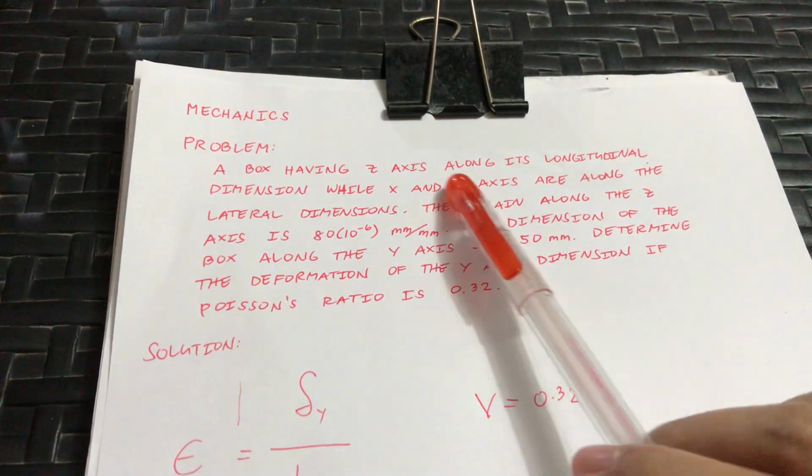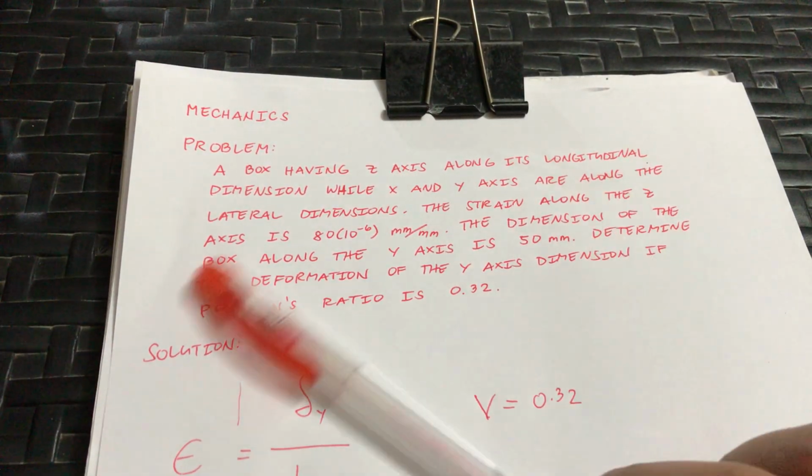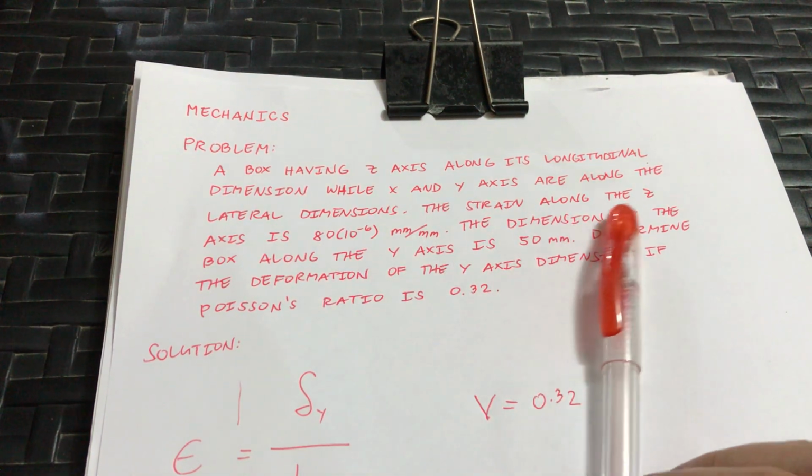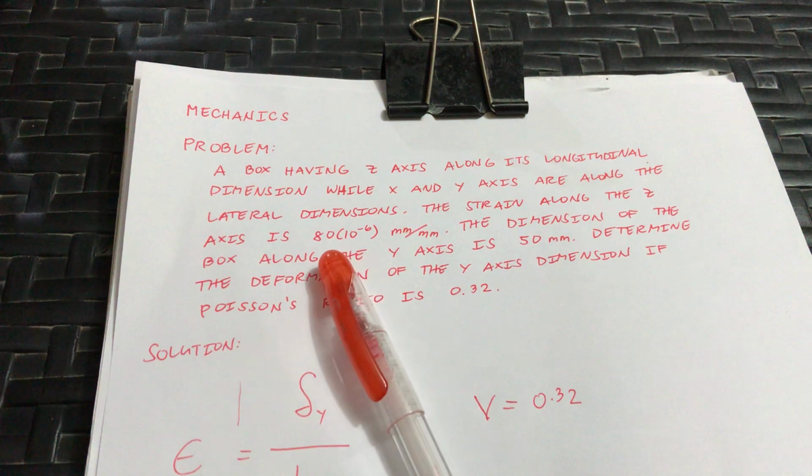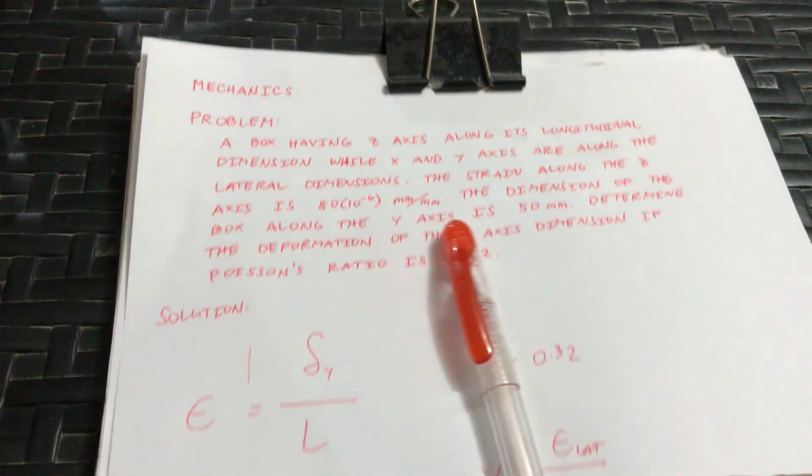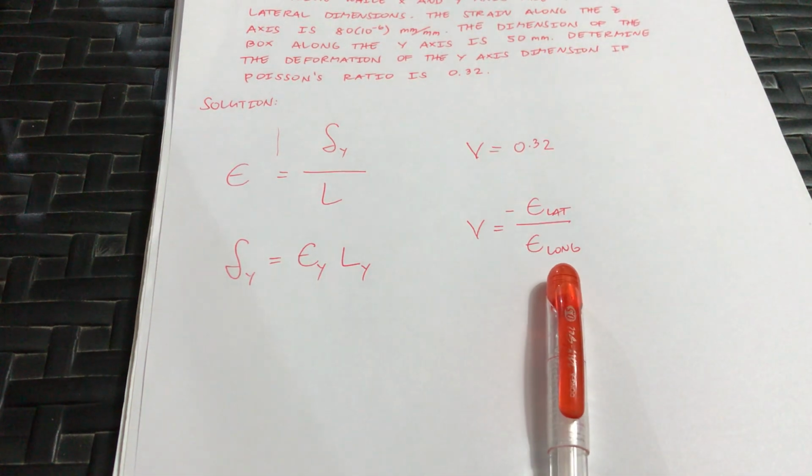Now, if we read here, the z-axis is along the longitudinal dimension, and we are given the strain along the z-axis. Therefore, the given strain is the longitudinal strain.